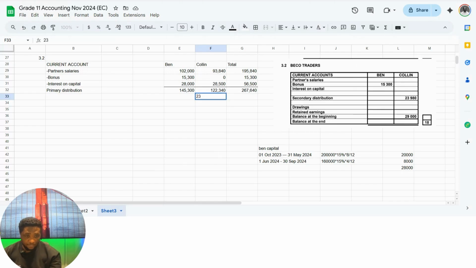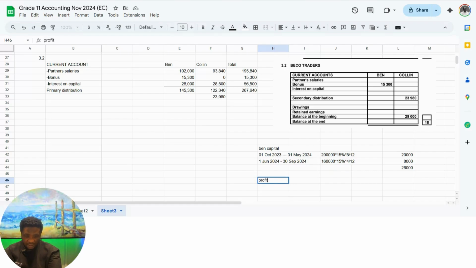the amount of profit that is there, but we know that Colleen has a distribution of 23,980. And we know that in order to work out Colleen's distribution, we would take profit, then multiply by, because it's 3 to 2 and Ben gets 3, so we would have said the total ratio is 5, so we would have said 2 over 5. So we would have said remaining profit, so this is profit after subtracting primary distribution.